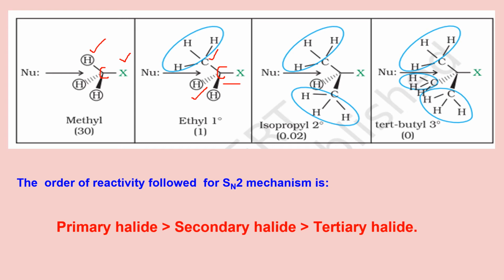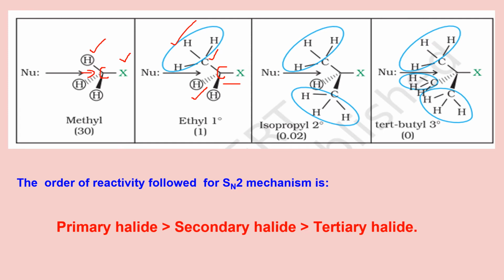So if you have carbon attached to 3 hydrogens in methyl only, hydrogens are very small as compared to even the smallest R group, that is methyl group. So in case of primary, methyl has maximum available space around the carbon where nucleophile has to come and attack, because the smaller H atoms are surrounding it.